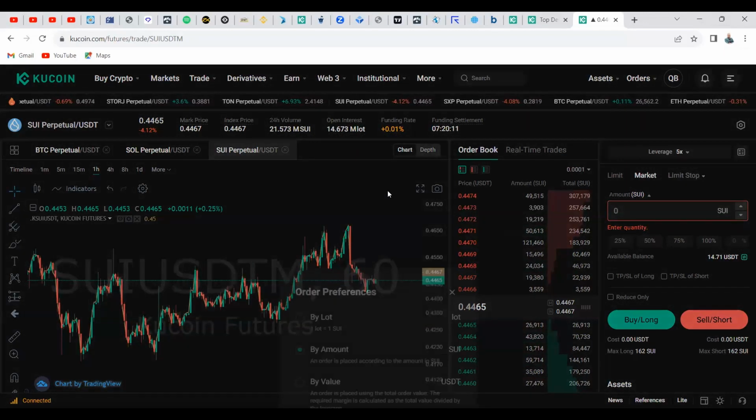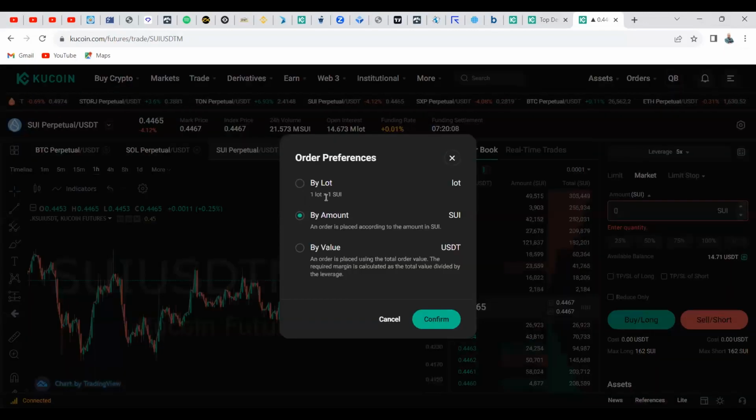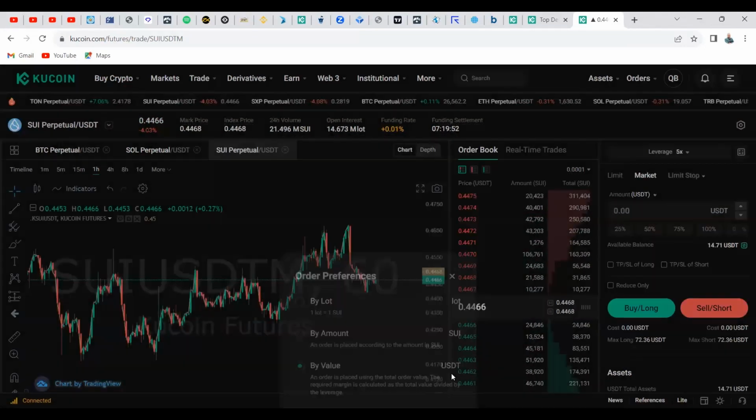So I don't want to trade by lot, neither by amount, but I want to trade by value. If I click on trading by value, an order is placed using the total order value in USDT. The required margin is calculated as the total value divided by the leverage. So I'll click on by value, and then click on confirm.